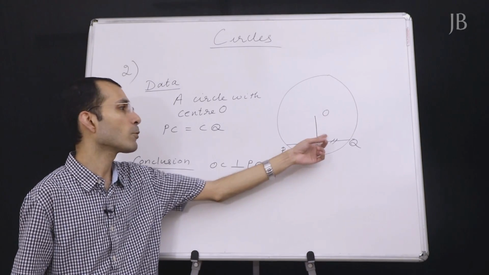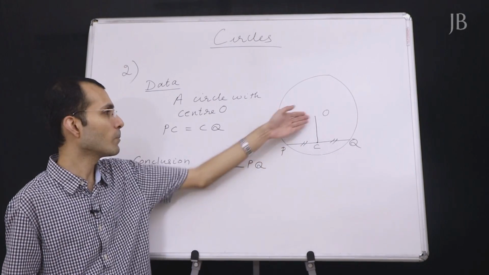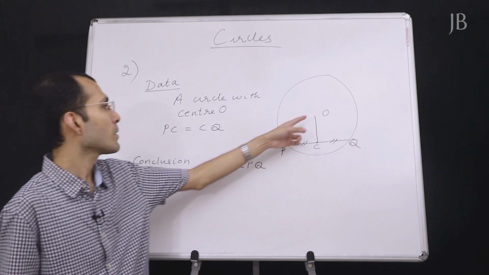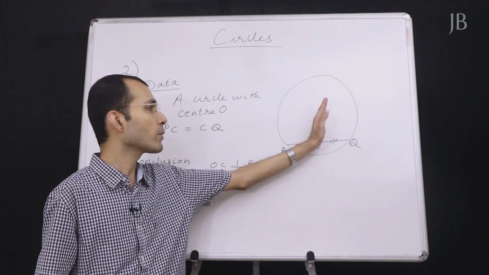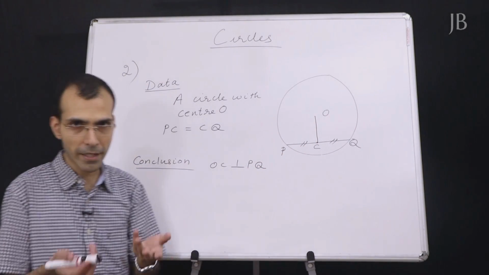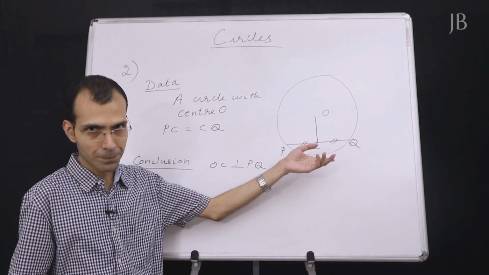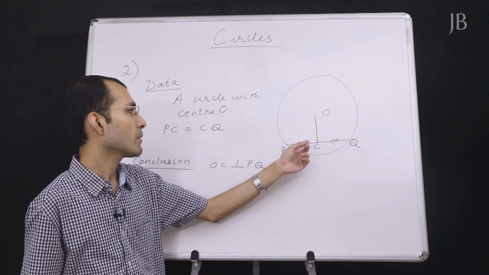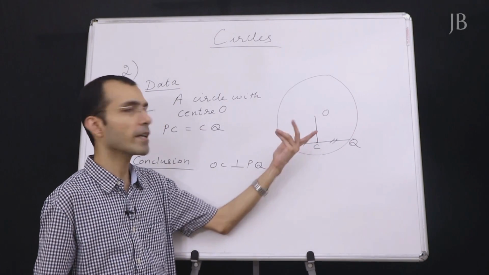Let this angle be A and A. OP equals OQ, radii of the same circle; OC equals OC, common side; PC equals CQ, given right in the beginning. So by the SSS test, the two triangles are congruent. Add both angles: 2A equals 180, it's a straight line, so A will be 90.